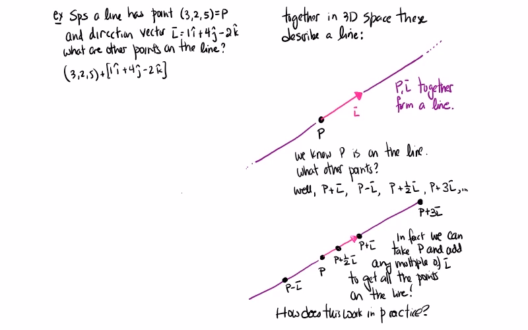I'm just doing this informally to help us see what's going on. I'm taking the point and looking at the point that's at the end of the vector. So this would be (4, 6, 3), since 5 minus 2 is 3. That's another point. Or I could subtract it. I get 3 minus 1 is 2, 2 minus 4 is negative 2, and 5 minus negative 2 is 7.